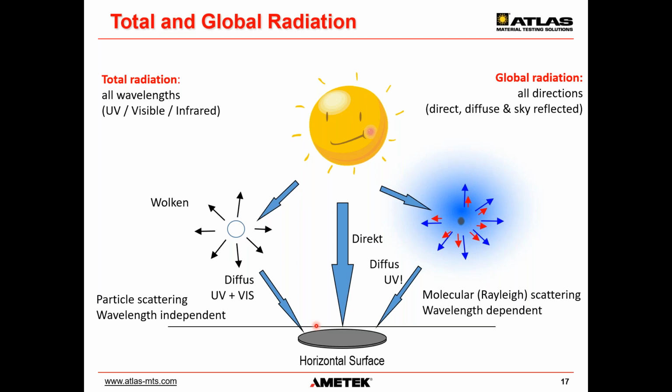So clouds or particle scattering does not change the spectral irradiance distribution. And the human eye is actually trained to observe the global solar radiation, the visible part, as white light. And that's why clouds appear to be white, because there's no shift in the spectral irradiance distribution.